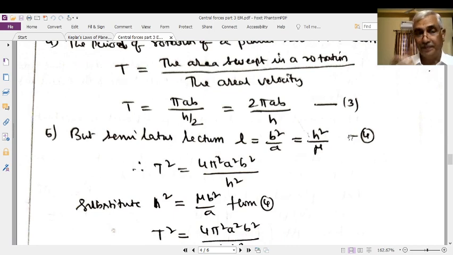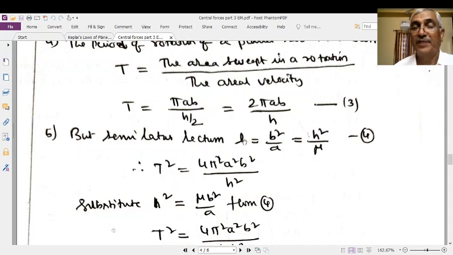Now, if you go to the properties of the ellipse, its semi-latus rectum is b square by a. But l is equal to h square by mu, as we discussed in the proof of Kepler's first law.